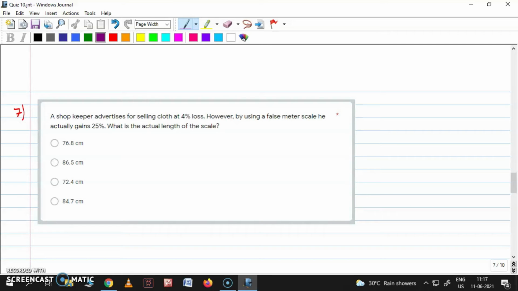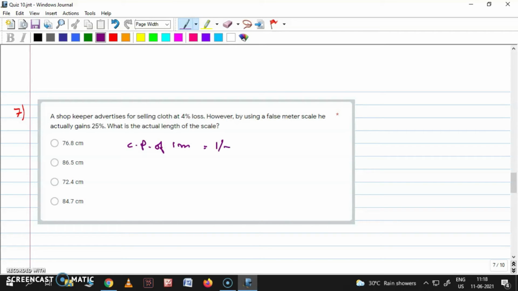A shopkeeper advertises selling cloth at a 4% loss. However, by using a false meter scale, he actually gains 25%. What is the actual length of the scale? This is also a very important question. Let the cost price of 1 meter of cloth be 1 rupee, for example.